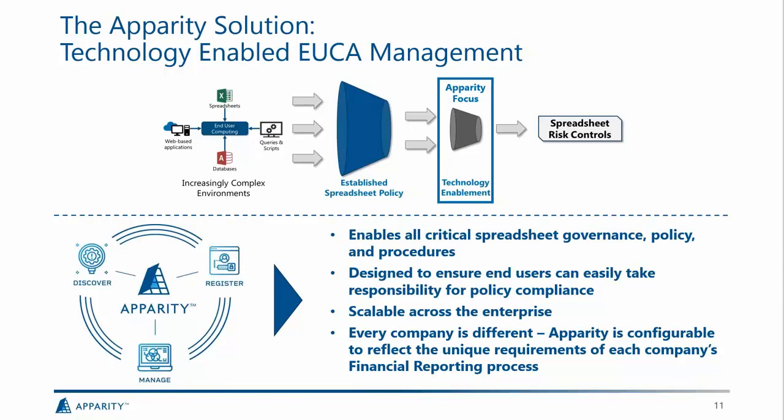So the first one being, we want to be able to enable that spreadsheet governance policy and procedures. So it's really what you see up top there. You have a policy, you want to be able to enable it within your environment. So how do you do that? And that's going to be through a technology that can easily apply all the controls that you need and help you facilitate all three of those core areas.